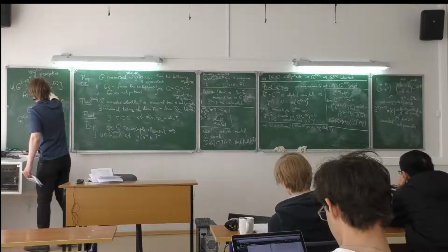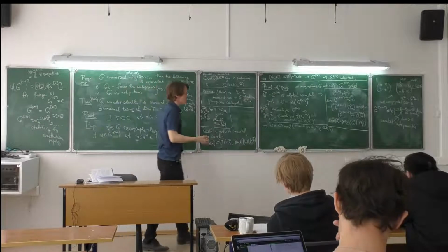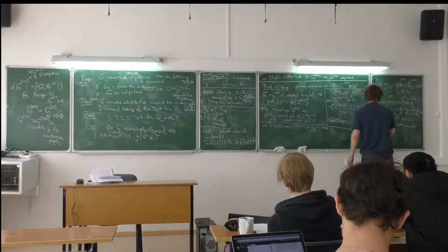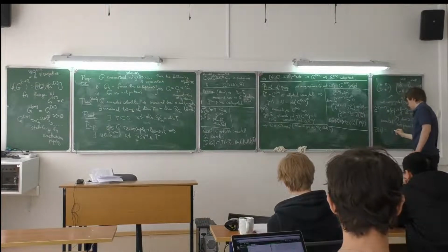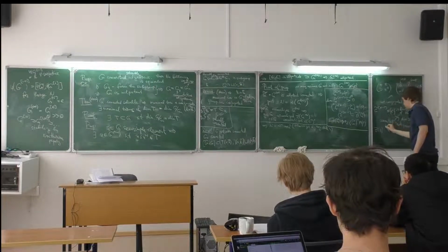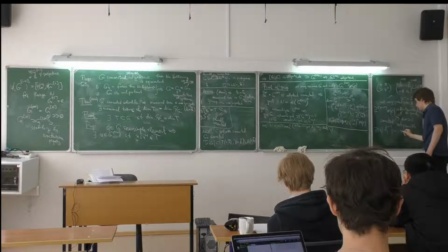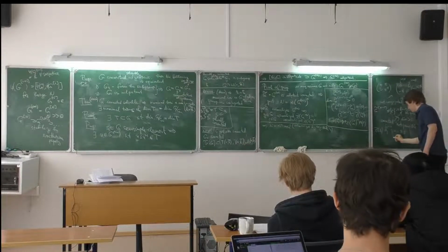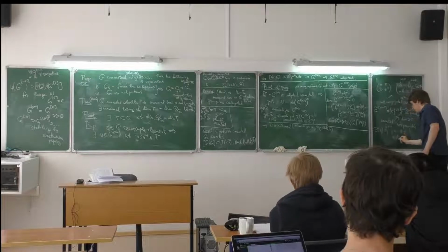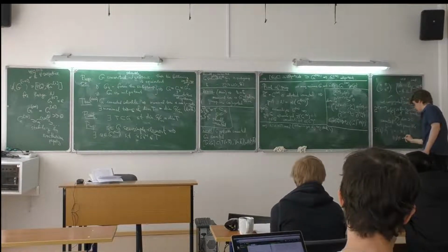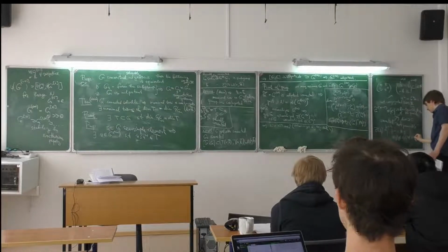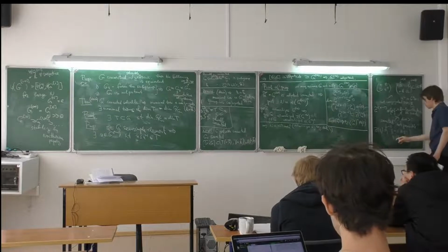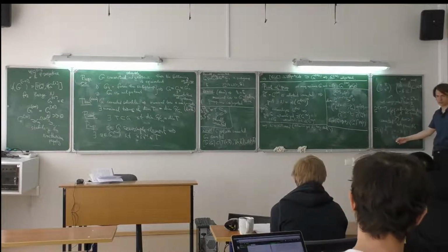So if you have the center, it is defined as follows. It is just the set of commuting elements, so x belongs to G. If you apply any automorphism, then phi of x commutes with phi of G. This can be made to be any element since phi is again surjective.